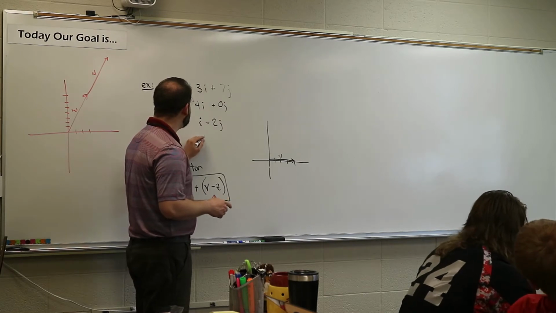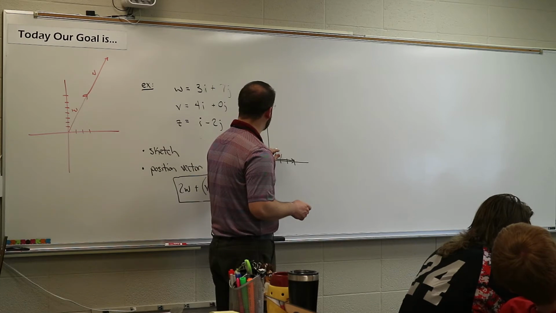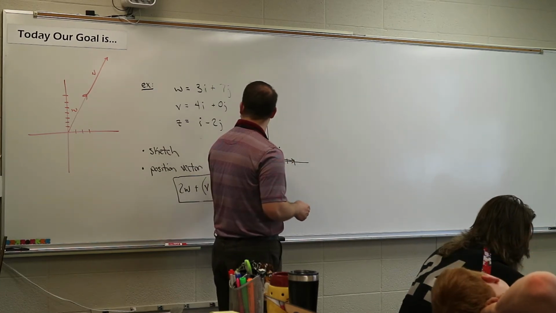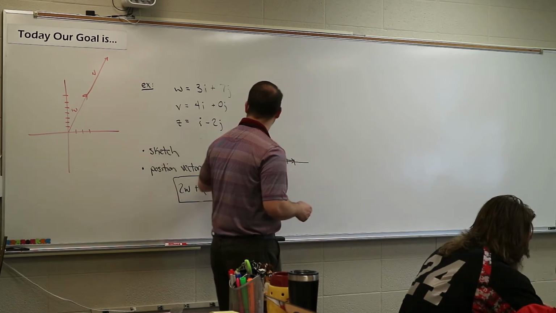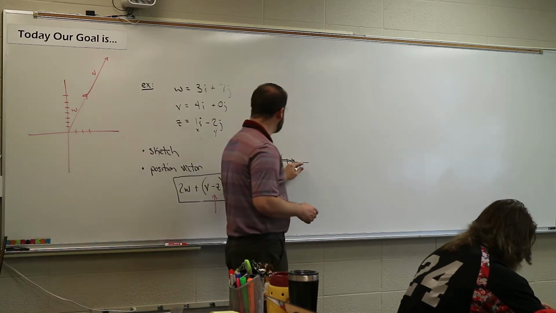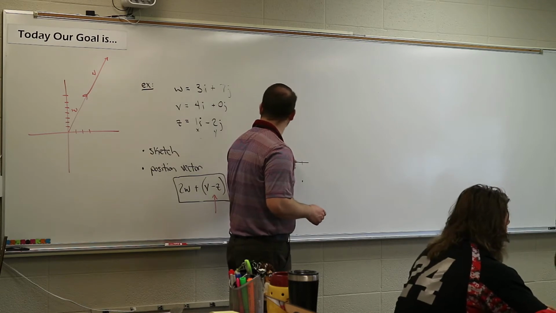So z normally goes over 1, down 2. This is the x number, this is the y, so I'm actually going over 1, down 2. So this is where z would normally go.